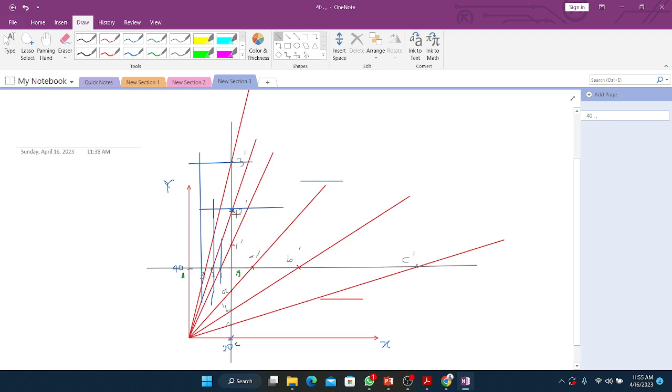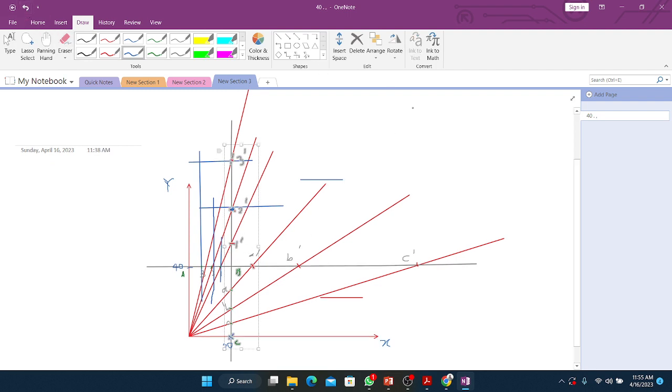So exactly you can draw a horizontal line through this 2 dash point, and the same way you can draw a horizontal line through this 1 dash.